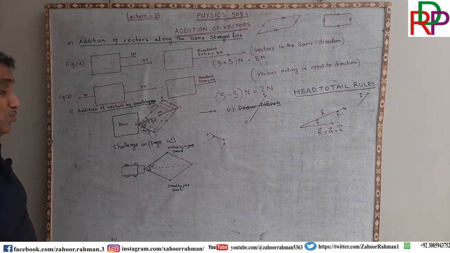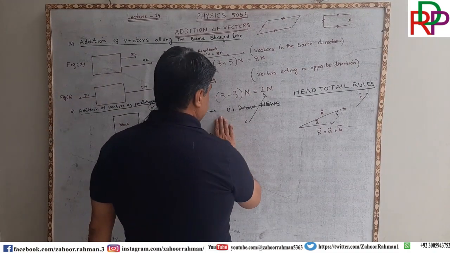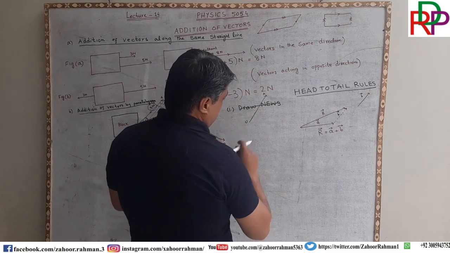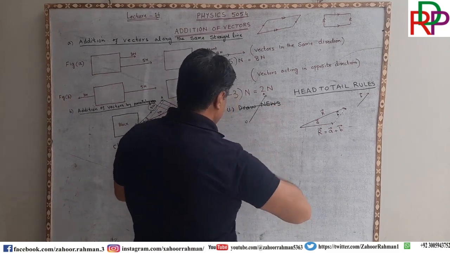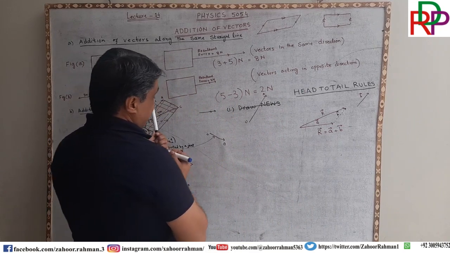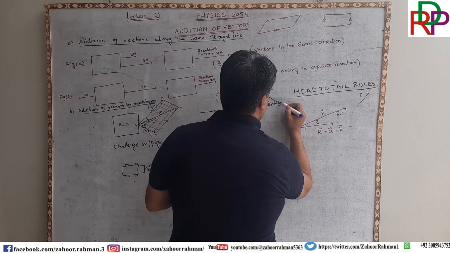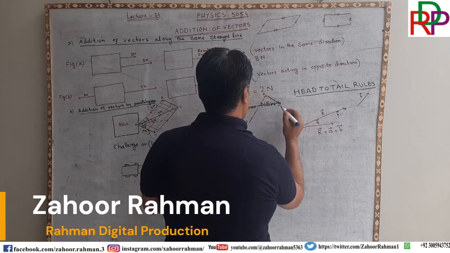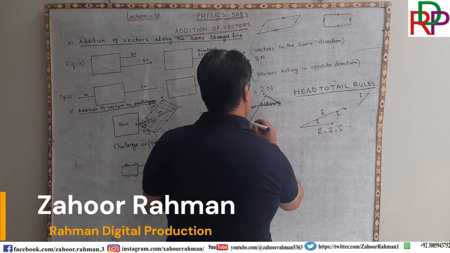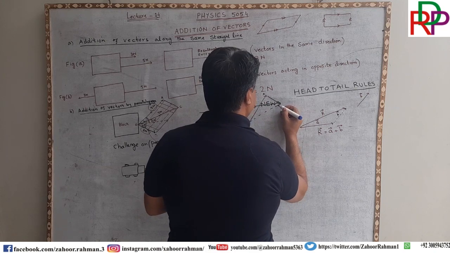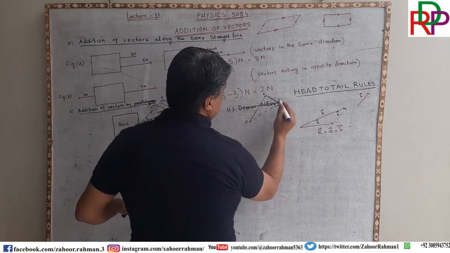So you have to bring the second vector's tail to the head of the first vector, of the same magnitude and in the same direction, and then you have to draw a representative line from O to the C part.